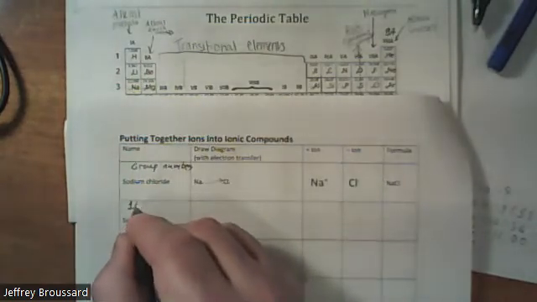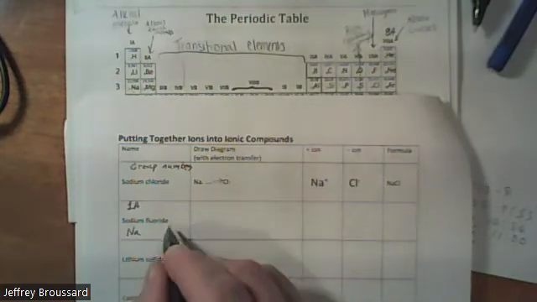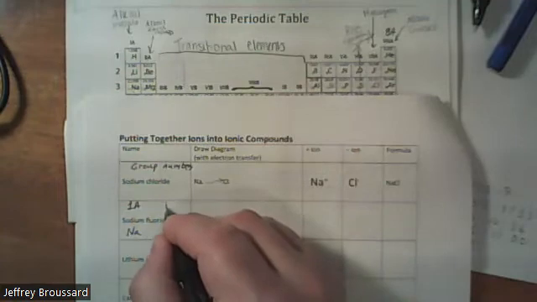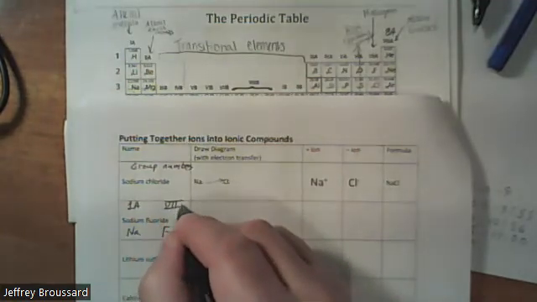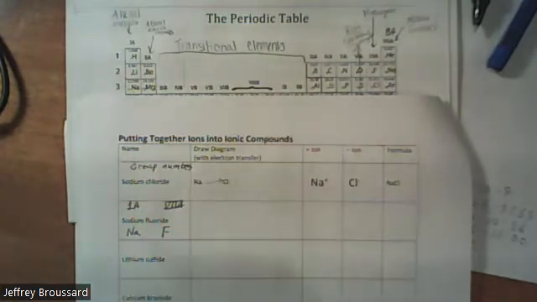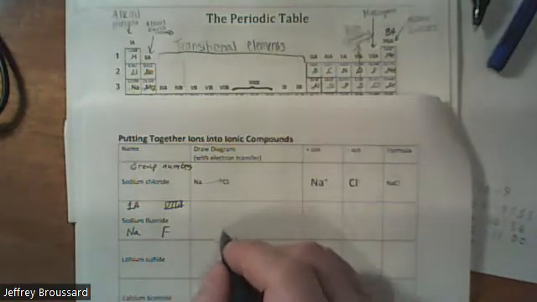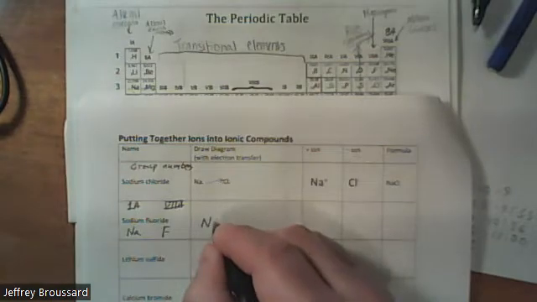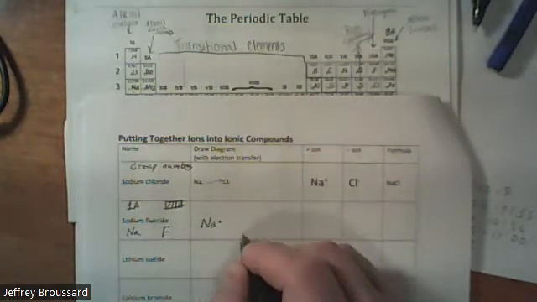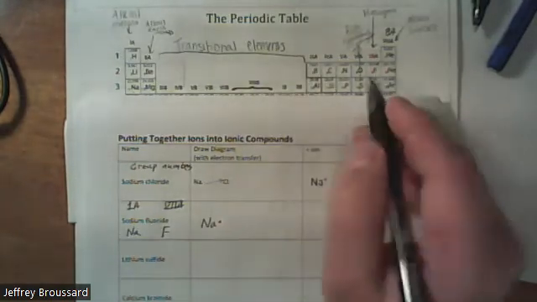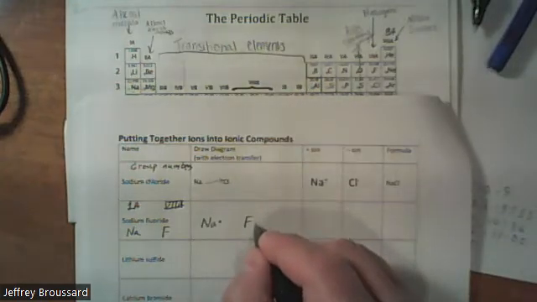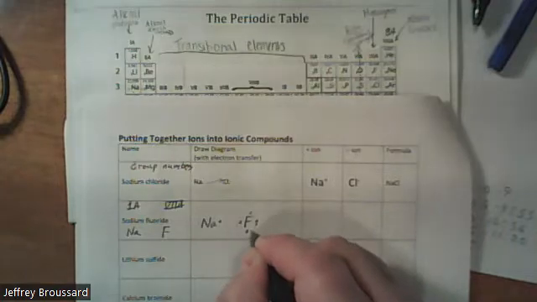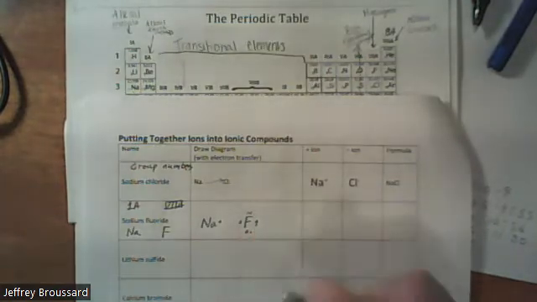So 1A. Fluoride is F. That's over here in 7A. And because we know those group numbers match to valence electrons, sodium has 1 dot, fluorine has 7 from group 7A. Fluorine 1, 2, 3, 4, 5, 6, 7.